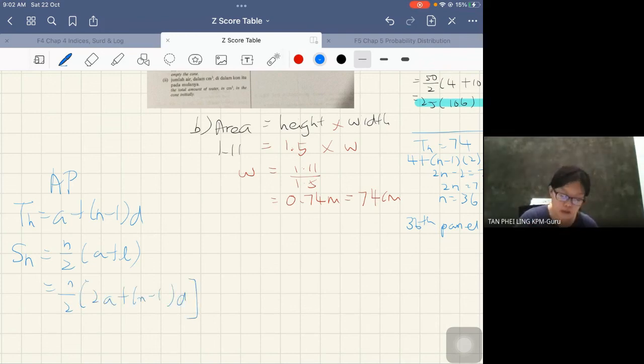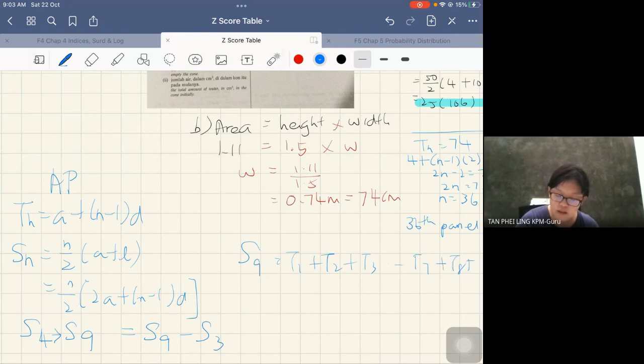And always remember, if the question requires you to find sum for the fourth term to the ninth term, then you have to take sum of 9 minus sum of 3. Because the idea is that the sum of 9 is actually T1 plus T2 plus T3 until T7, T8, T9, right?